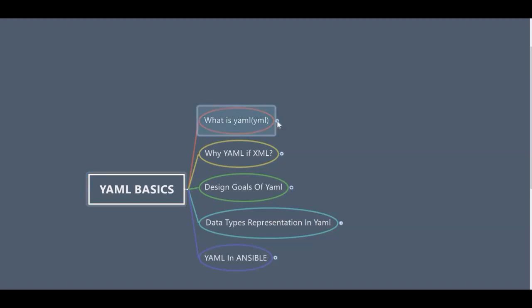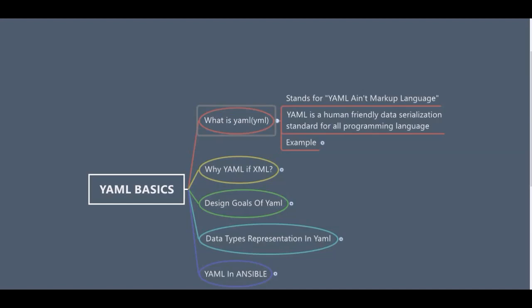So what is YAML? YAML stood for "yet another markup language" earlier, but now it is called "YAML ain't markup language". Basically, YAML is a serialization language that has increased in popularity over the last few years.